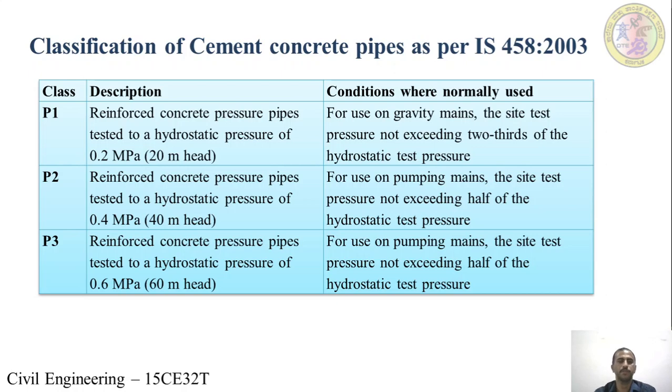P2 are subjected to a hydrostatic pressure of 0.4 megapascal and used in the site where test pressure is not exceeding half the hydrostatic test pressure. P3 is subjected to a hydrostatic test pressure of 0.6 megapascal and used in a site where test pressure is not exceeding half the hydrostatic test pressure.